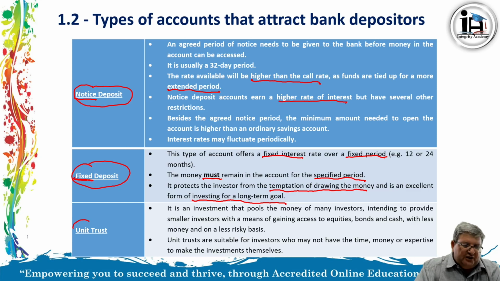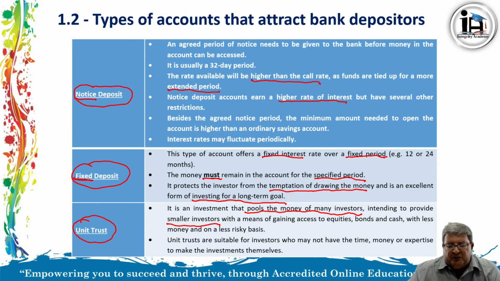And then we look at unit trust. Unit trust is an investment that pools the money of many investors, intending to provide smaller investors with a means of gaining access to equities, bonds, cash with less money and on a less risky basis.